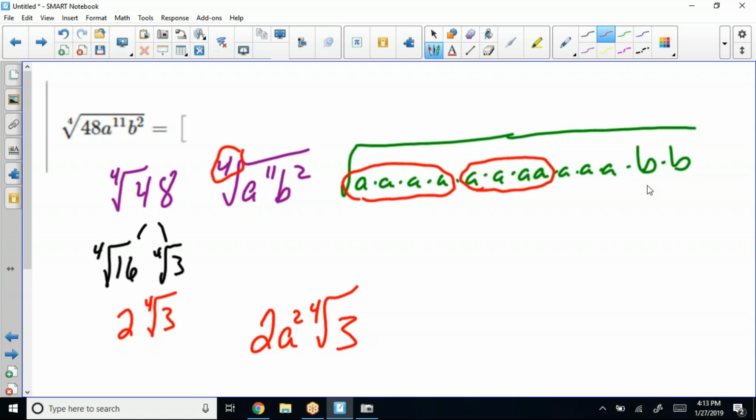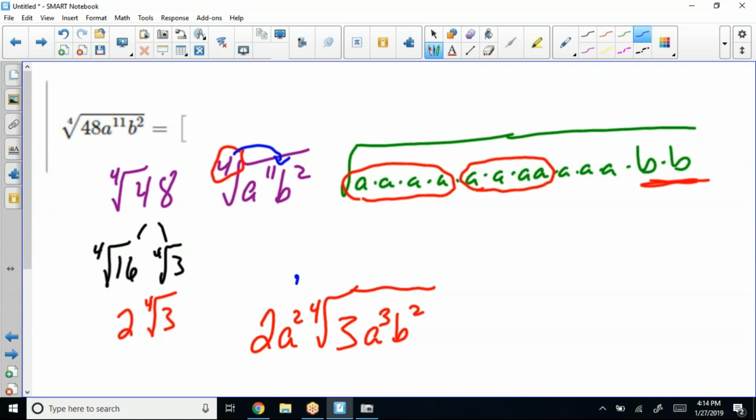Now, let's see if we can pull any B's out neither, can we? So that would be 3 A's and 2 B's left over. Now, that's expanded. But I can say, how many times will 4 go into 11? Well, it'd go twice, right?